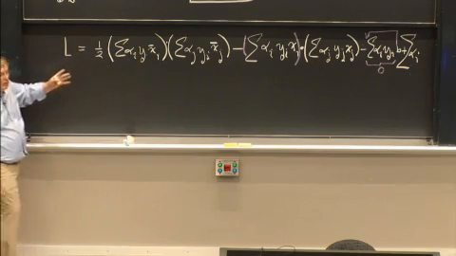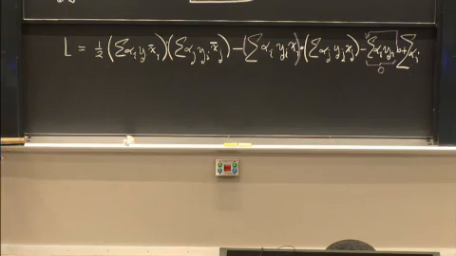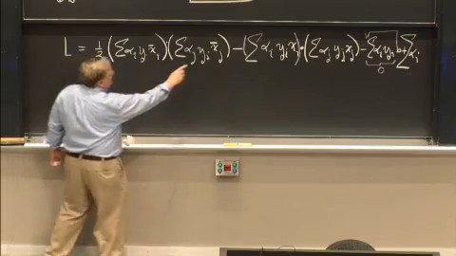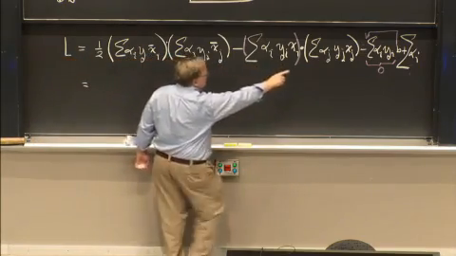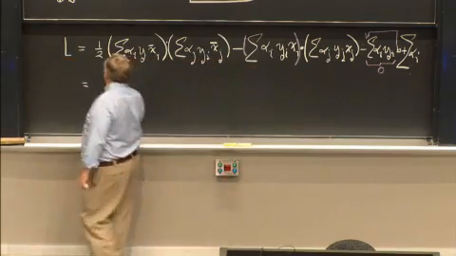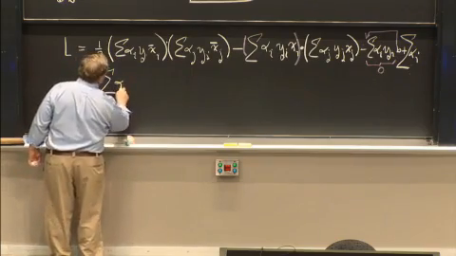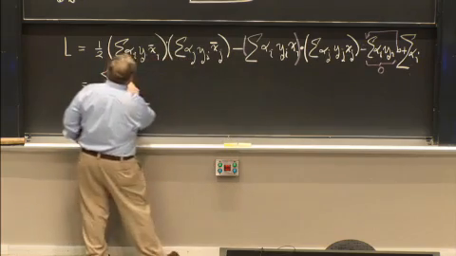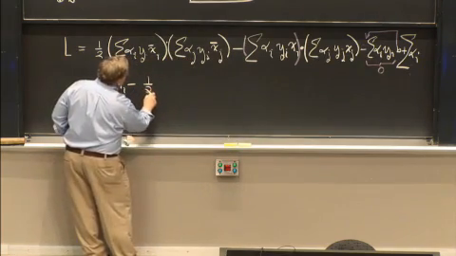So now what we can do is we can rewrite this Lagrangian as, we got that sum of alpha i, that's the positive element. And then we got one of these and half of these, so that's minus 1/2.